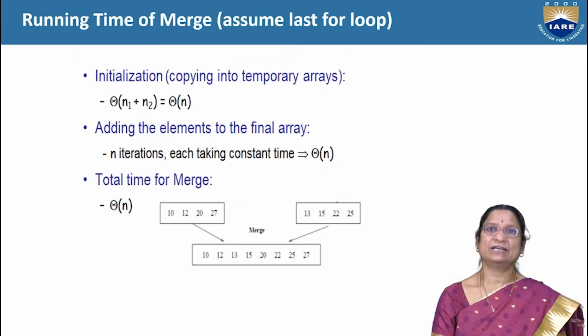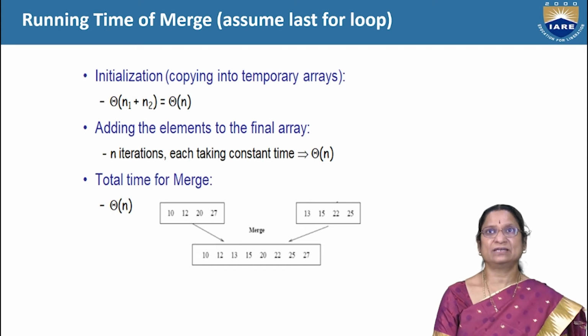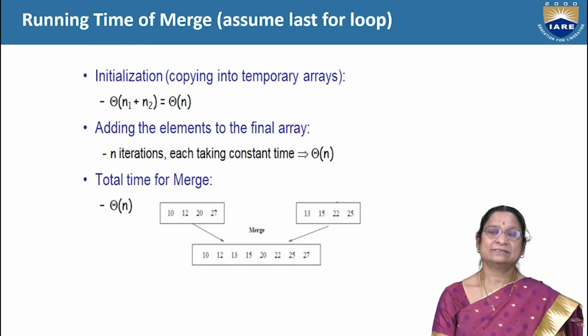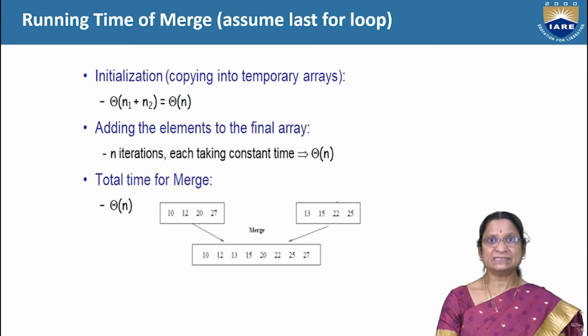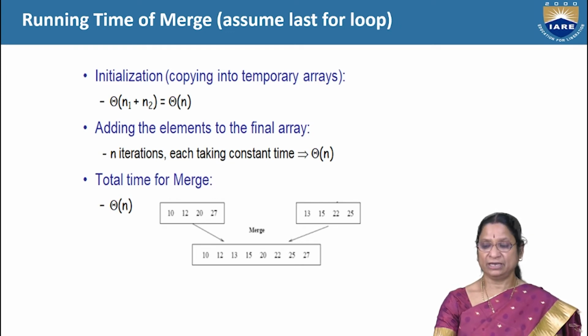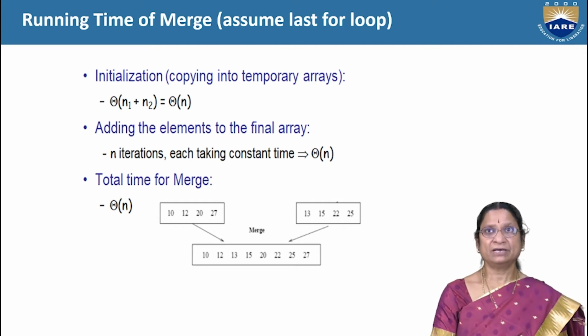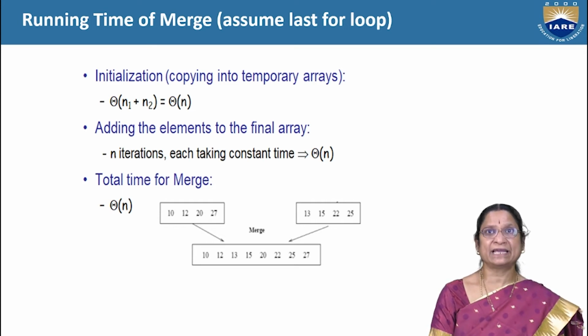So how much time and how much space will it take? What is the analysis or efficiency of our merge sort algorithm? Which process is more considerable here? The main logic is involved in the merge. But even though there is a merge, the merge algorithm takes only linear time, because it is initialization and copying of elements. We use temporary arrays, so n iterations will happen every time.